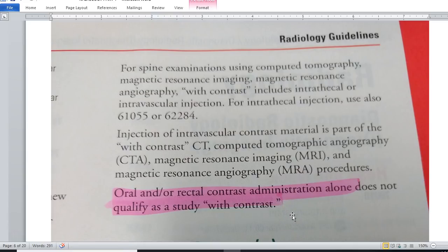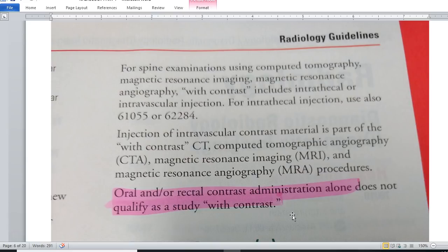So if the patient drinks a contrast or contrast gets inserted rectally, that is not a with contrast test. Contrast has to be injected. Again, whether we're going into a joint, a vessel, or the spinal cord, doesn't matter. It must be injected to count as contrast.